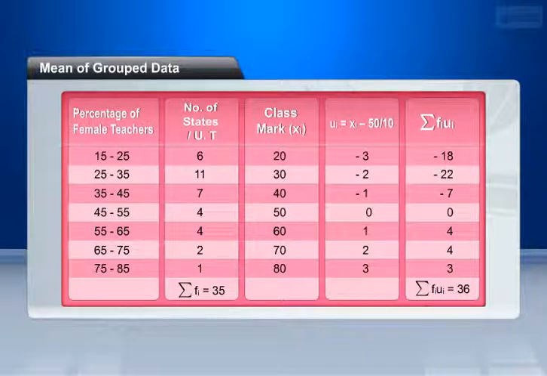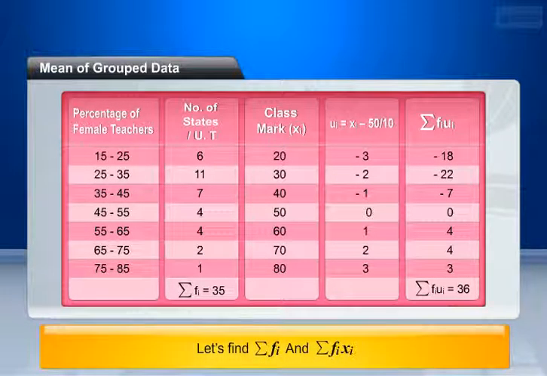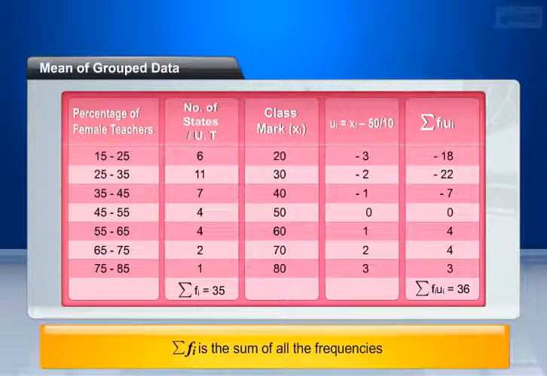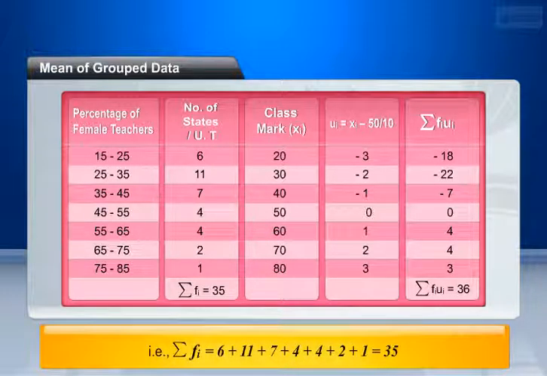After calculating ui and the product of fi and ui, it is tabulated as follows. Let us find sigma fi and sigma fiui. Sigma fi is the sum of all the frequencies, that is, 6 plus 11 plus 7 plus 4 plus 4 plus 2 plus 1, which is equal to 35.